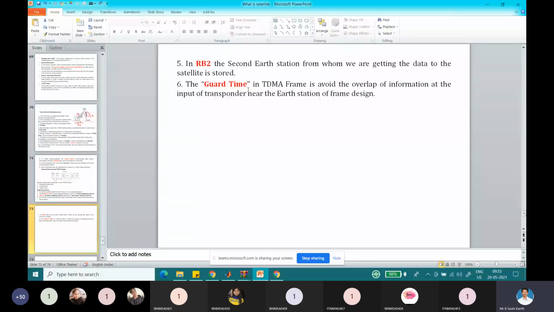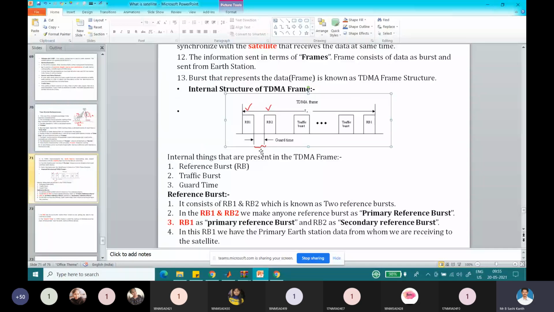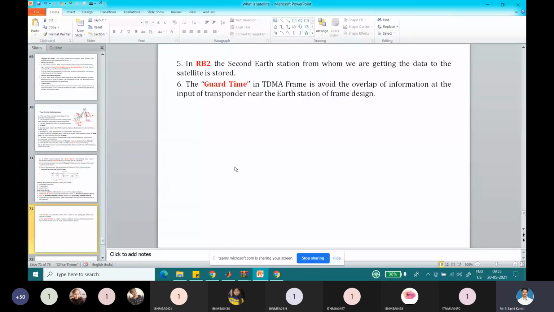In the TDMA frame that we are showing, there is a guard time shown between RB1 and RB2. That guard time is used to avoid the overlap of information at the input of the transponder near the earth station of the frame design.